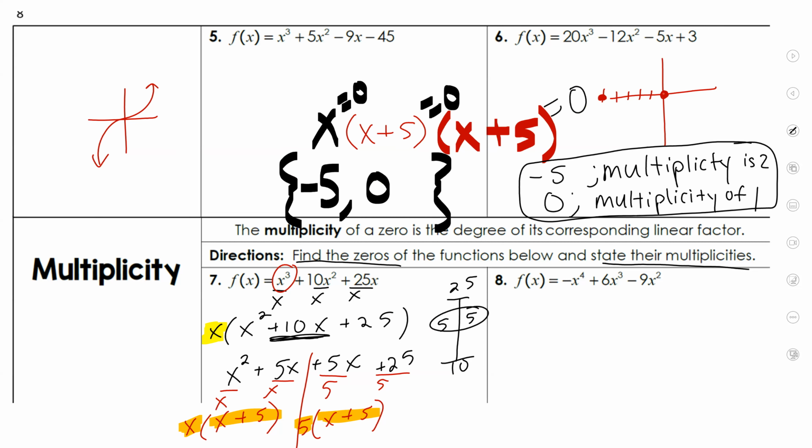Multiplicity of 2, that means it's just going to touch it. It's not going to go through. It'll go through the 0 because that one's an odd multiplicity. So that's a rough sketch of what your graph would look like. Okay? All right, so I'm going to have you guys do the other ones. And you can also do the whole back page now.